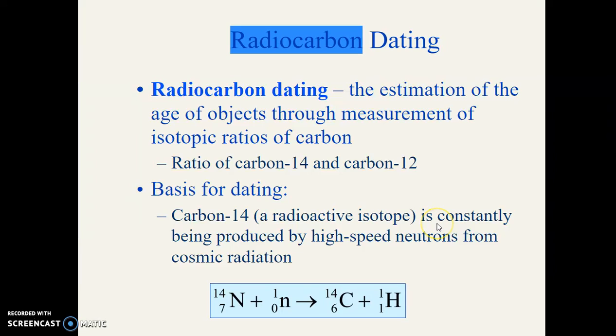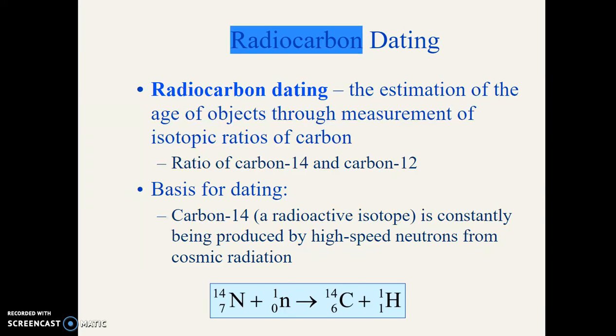Radiocarbon dating, we're going to do some practice problems with calculating half-lives during class. Radiocarbon dating is very useful for us in the biology world. It's the estimation of the age of objects through the measurement of the isotopic ratios of carbon. There's always a little bit of carbon-14 in the air that your body is taking in, so all of the macromolecules are going to have carbon-12 and carbon-14 within them.